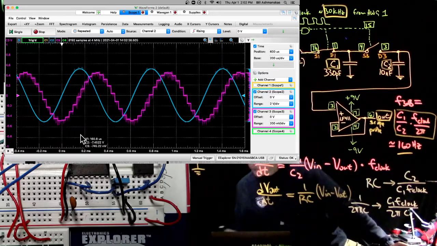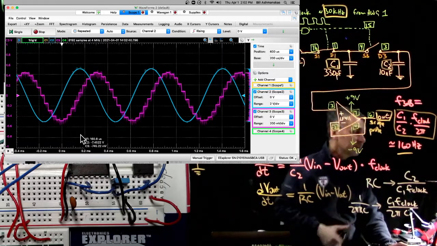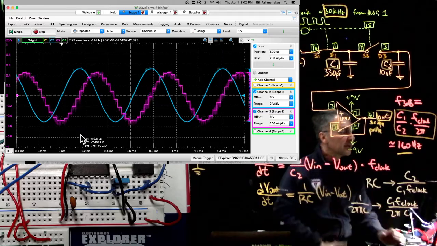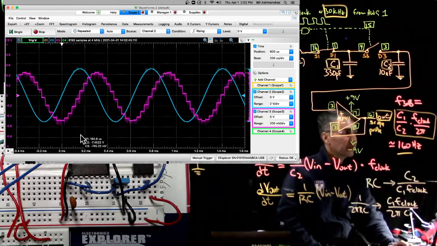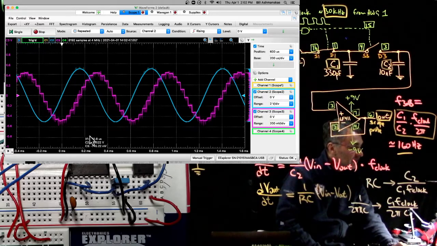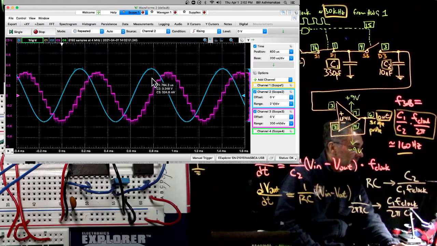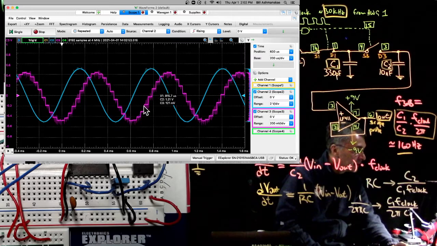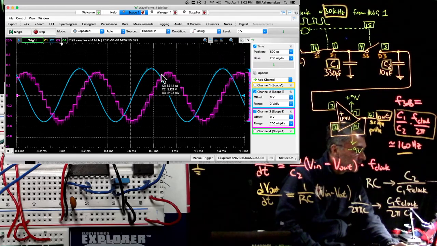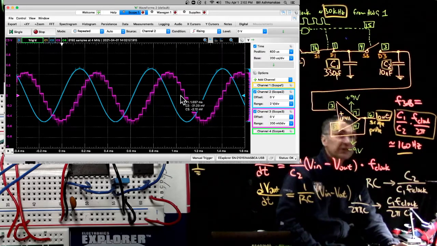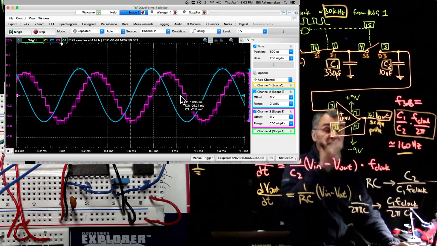A switched capacitor filter. It's kind of digital, it's discretized in time. That was fun. Okay, so it seems like it is about 1/10 when we go to about 10 times F3dB. I don't think we can go 10 times higher in frequency because then we're going to run into this clock speed issue.